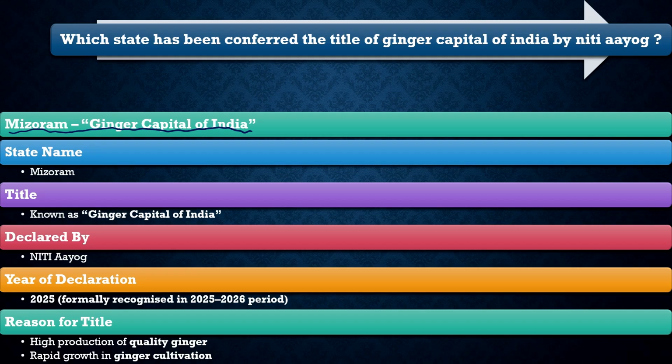Okay, Mizoram was the state name, and the title we aforementioned was declared by Niti Aayog. Year of declaration 2025, during the period of 2025 to 2026.